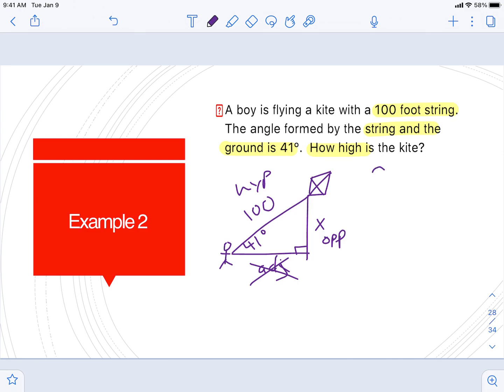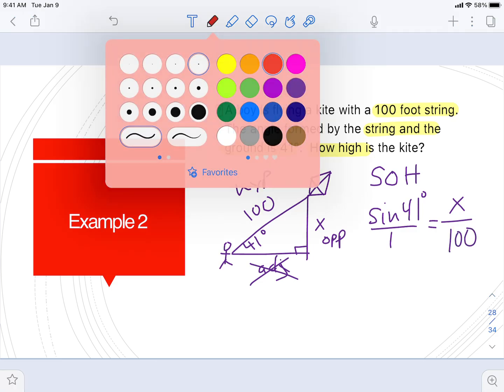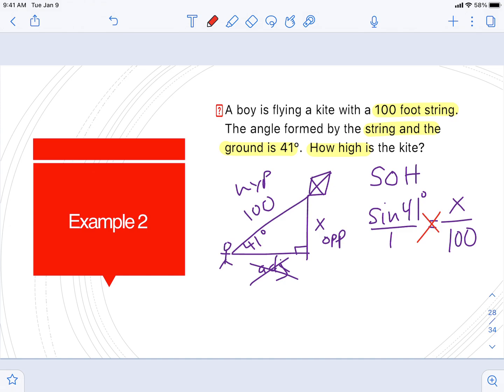The trig ratio that uses O and H is sine. So sine of 41, I like to put it over 1 in this case when we're cross multiplying, is x over 100, opposite over hypotenuse. So now I can cross multiply. And on one side I have x times 1.